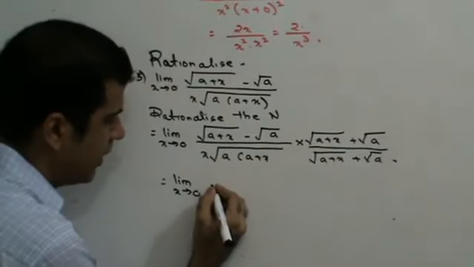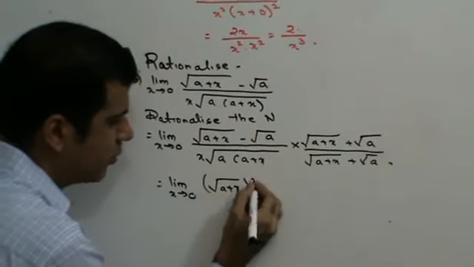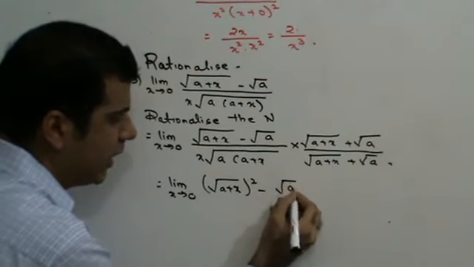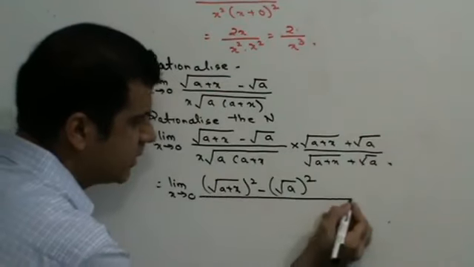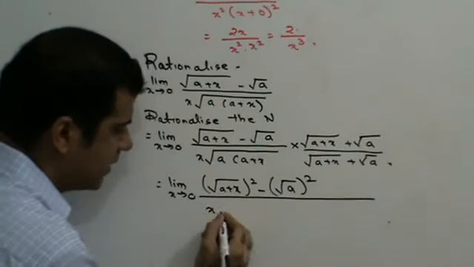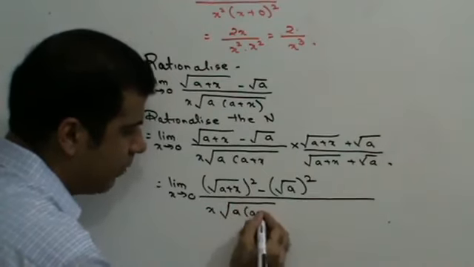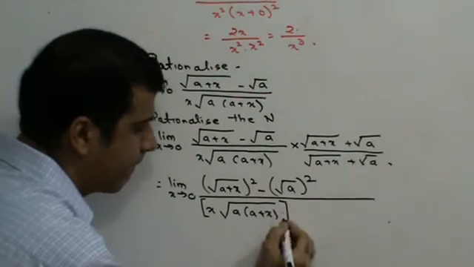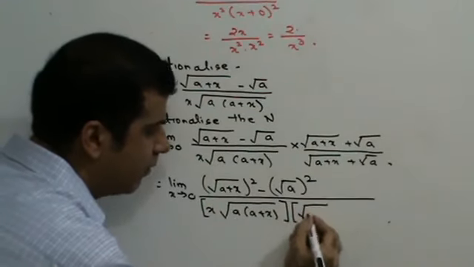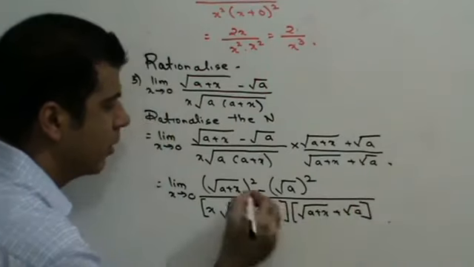So this is going to be equal to root of a plus x the whole square minus root a the whole square. The denominator, let's leave as it is, x root of a plus x into root of a plus x plus root a.